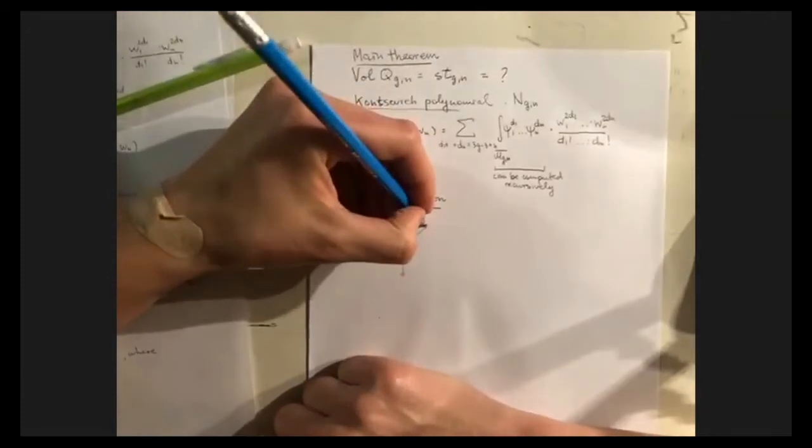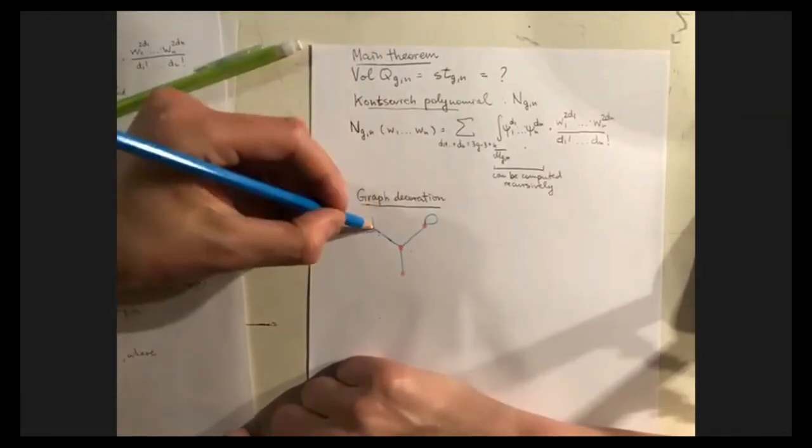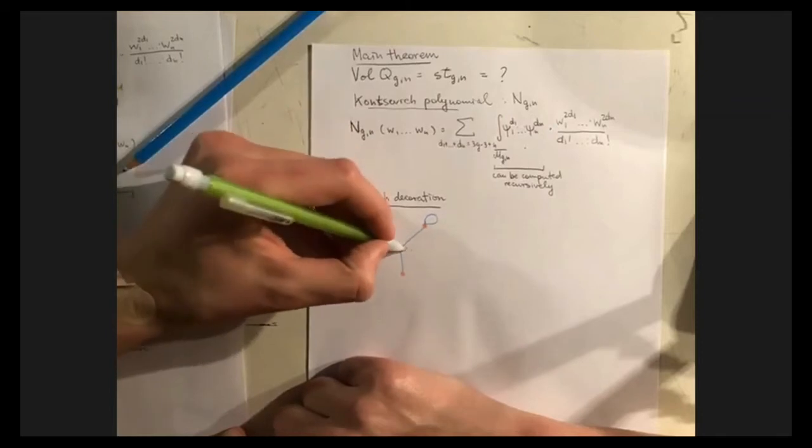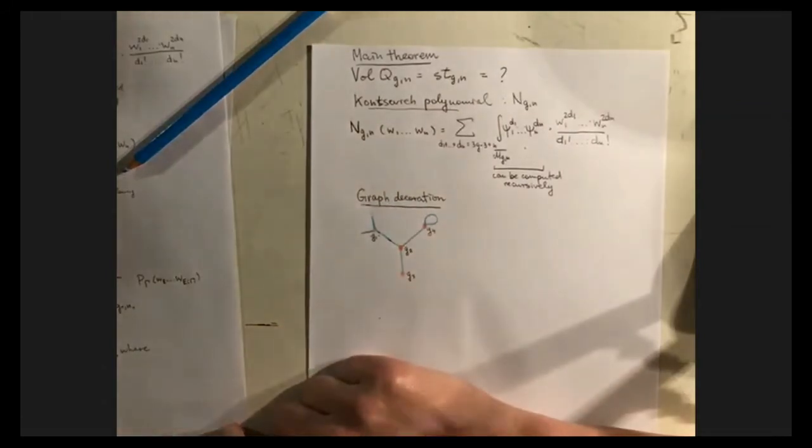So I started with a graph. It can have loops. It can also have something called legs. Legs are these half edges that are hanging but do not end in a vertex. I will also have my vertices labeled by some integer numbers. Let's call those numbers g_1, g_2, g_3, and g_4. So I start with the graph with legs.